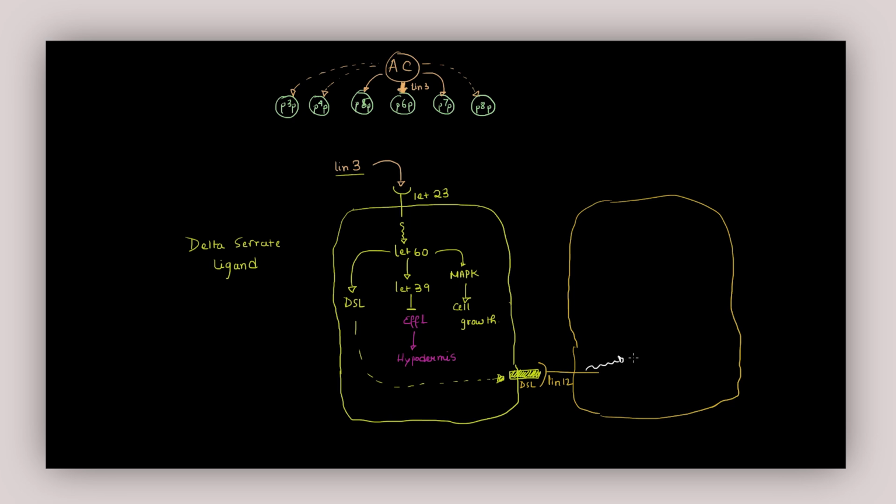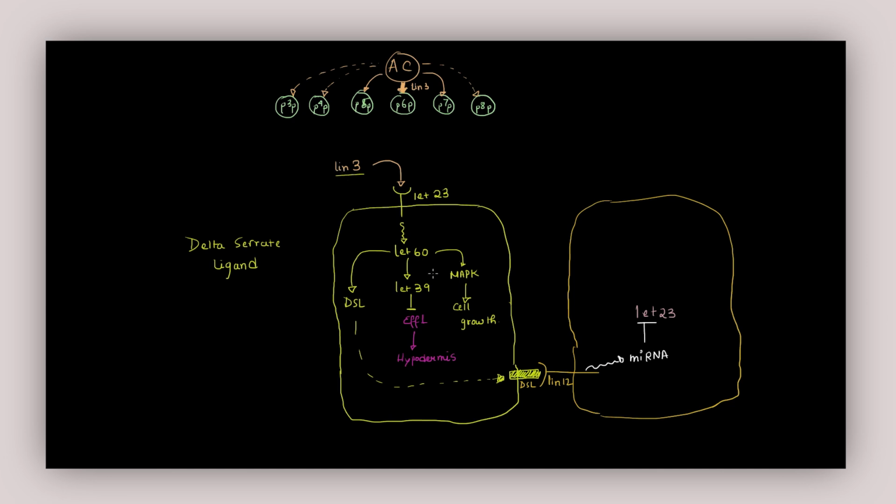starts transcribing a lot of miRNAs or microRNAs. Now these microRNAs are specific for the Let23 mRNA, and since Let23 is inhibited by these microRNAs, what happens? The protein is not formed. Let23 is not there on the membrane to receive Lin3, and hence this whole signaling pathway is stopped.